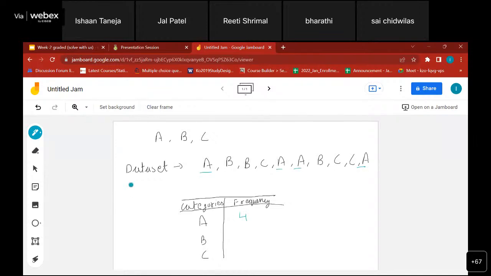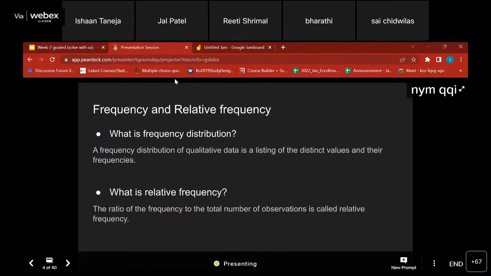So I can write 4 with respect to the category A, which represents that A occurred 4 times in our data set. B occurred 3 times in my data set, and C occurred again 3 times in my data set. So this table is generally called frequency distribution, which represents the frequency of each and every category.